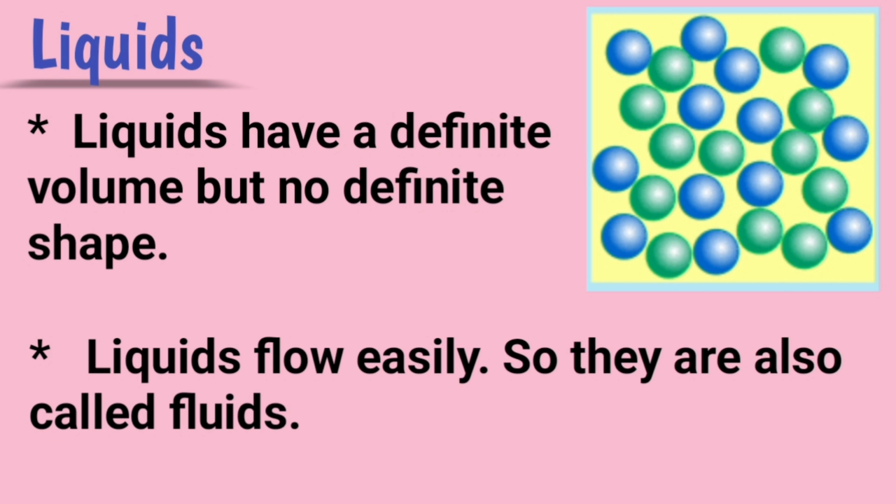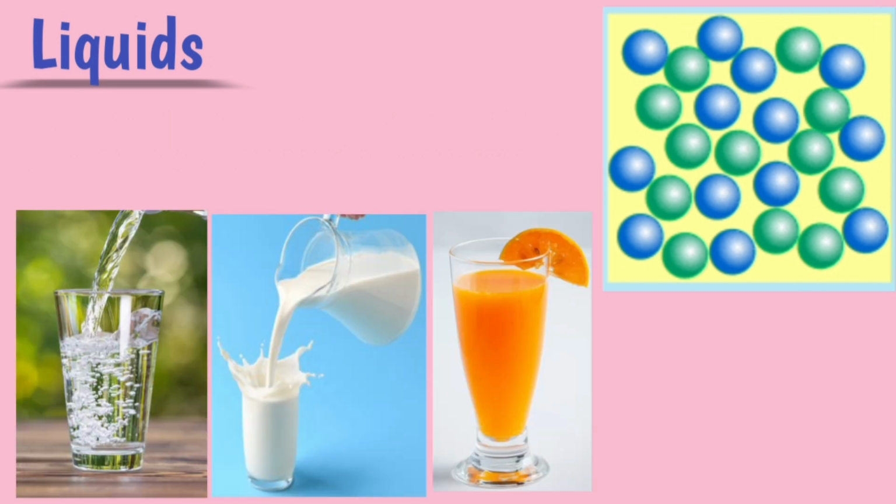Therefore, liquids have a definite volume but no definite shape. They flow easily, so they are also called fluids. Examples for liquids are water, milk and orange juice.